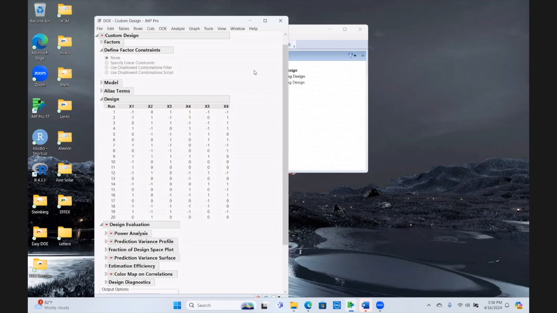But you can use the rule of thumb that if n is 20, then I can handle up to 10 effects, and identify pretty much any 10 of the effects.